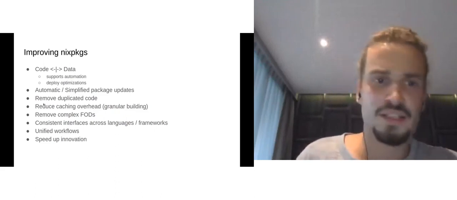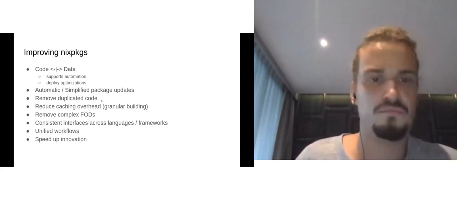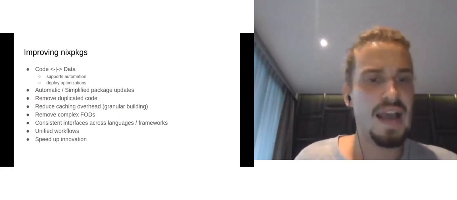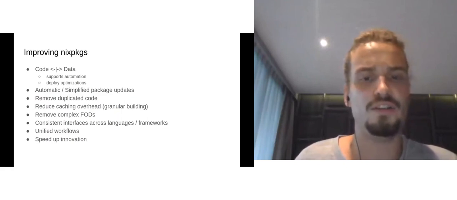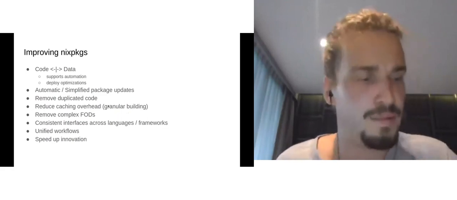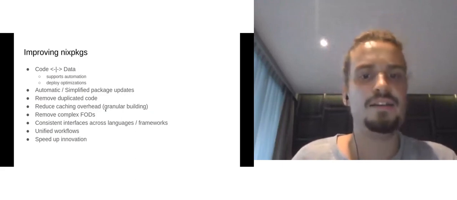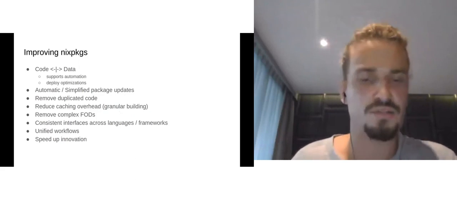Another thing is we're going to remove a lot of duplicated code by not having a lot of generated code in general. We reduce caching overhead because we try to have all our builders created in a way that they don't do these huge derivations with many dependencies.